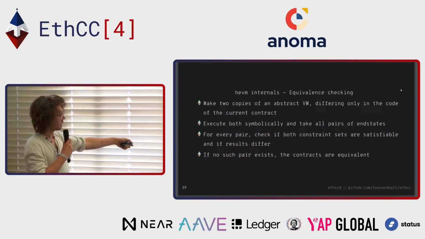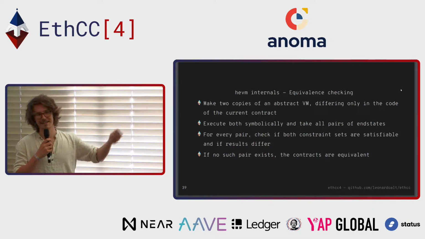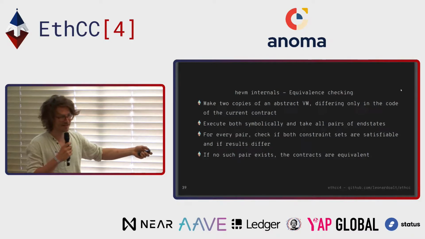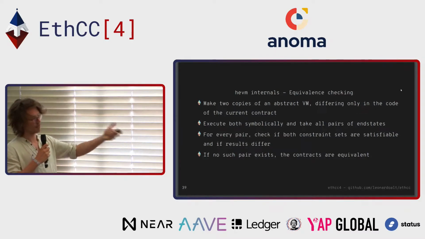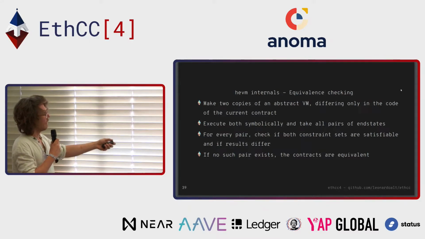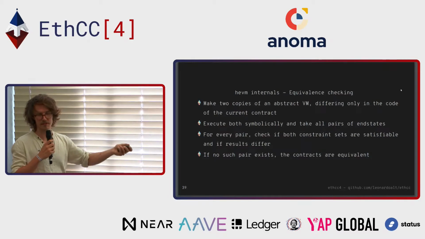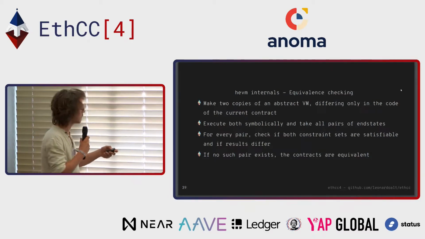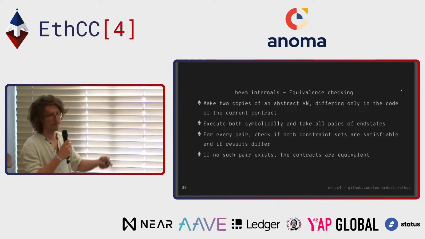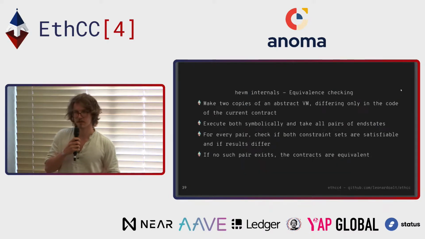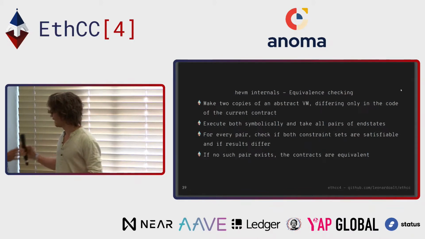That means that the contracts are actually different. And in fact, this is the only way something can be different: you run it with the same input and you get different output. So if there is no such pair, then these contracts must be equivalent. That's how the equivalence checker works. And I think that's all I'm going to be saying about the theory of symbolic execution in HEVM right now. And now I've got to run to the other room and prep the workshop. But all right, thanks.